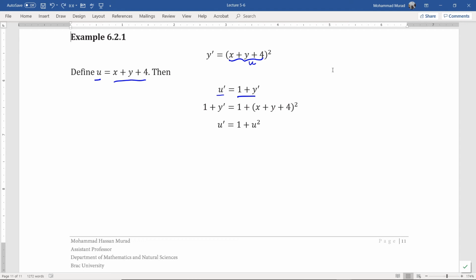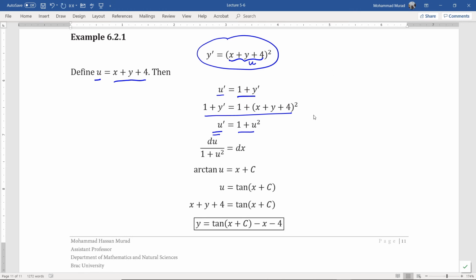Now adding 1 to both sides of the given equation, we obtain this equation where 1 plus y prime would be replaced by u prime, and 1 plus the quantity x plus y plus 4 squared would be 1 plus u squared.